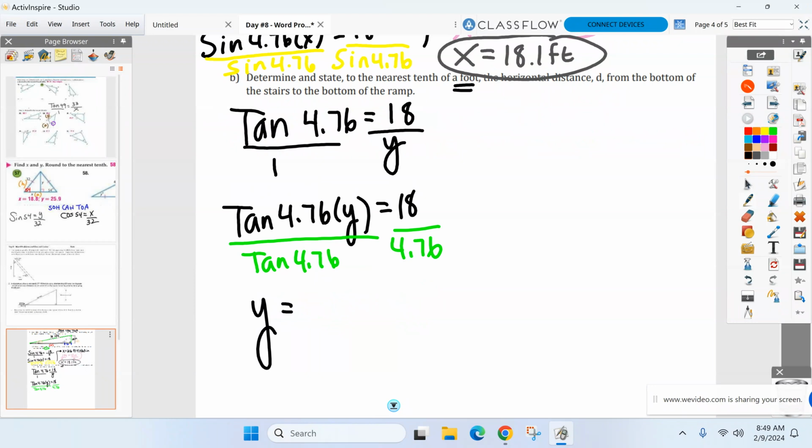And remember, you're not even coming close to rounding yet, right? Write it all out.